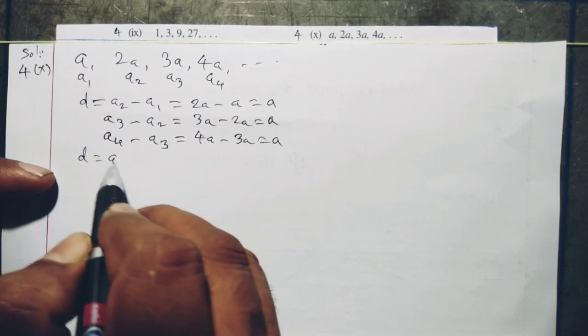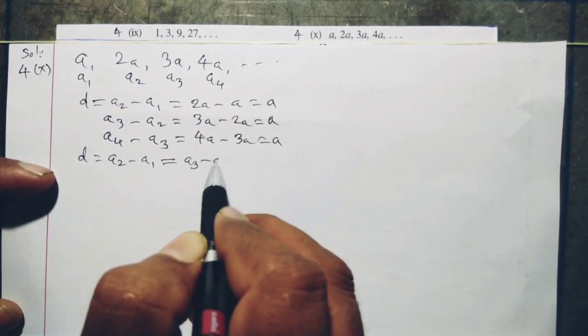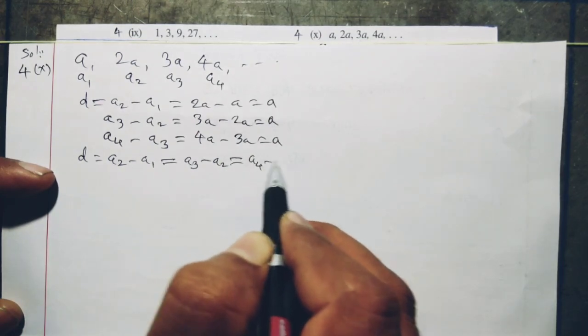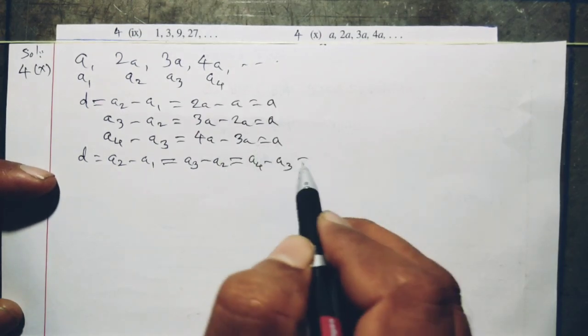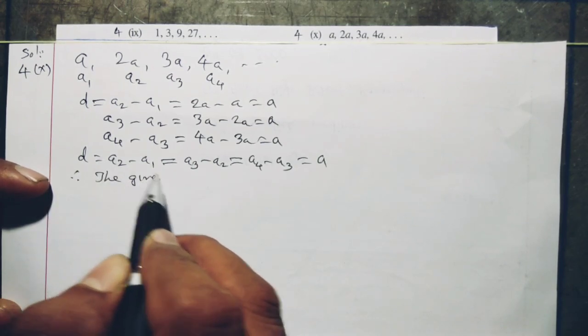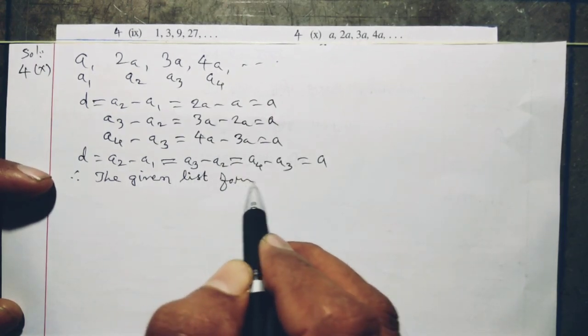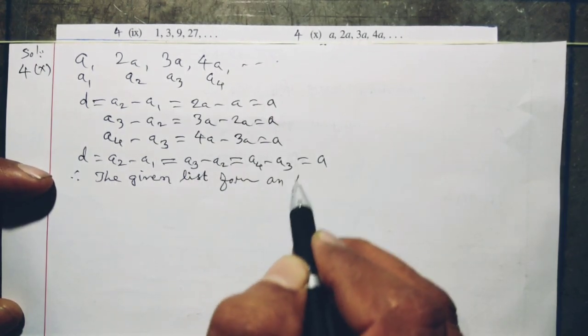Therefore d is equal to a2 minus a1 is equal to a3 minus a2 is equal to a4 minus a3, that is equal to a. Therefore, the given list of numbers forms an AP.